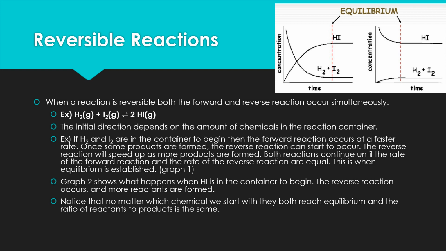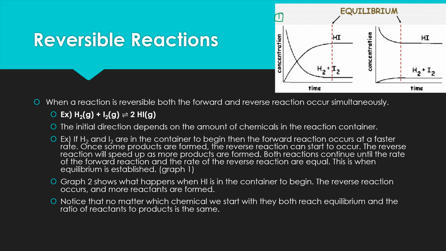So a good example would be hydrogen and iodine making hydrogen iodide, or hydroiodic acid. The initial direction depends on the amount of chemicals in the container. So for example, if we look at this first graph, let's call this graph number 1.